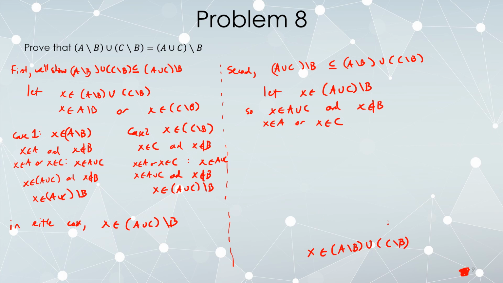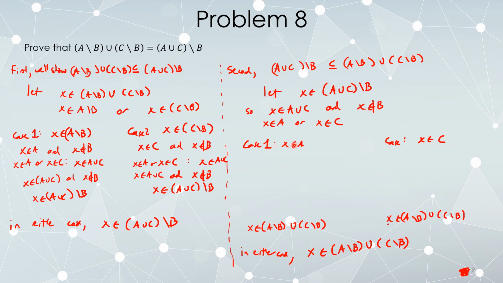So, case 1, maybe x is in A. Case 2, maybe x is in C. In both cases, I'm trying to get exactly the same conclusion, that x is in A minus B union C minus B. If I can get from this assumption to that conclusion, from this assumption to the same conclusion, and I know one of those two assumptions must hold, I'll now go ahead and finish off by saying in either case, x must be in A minus B union C minus B, and we'd be done.